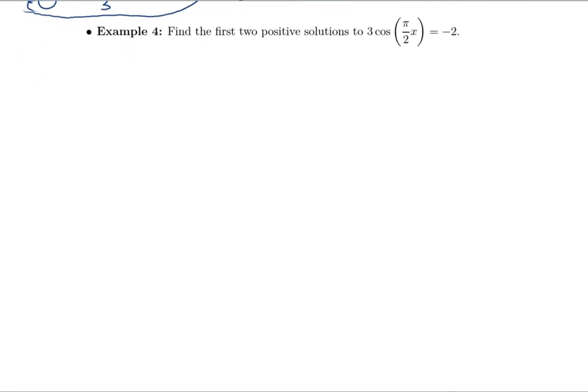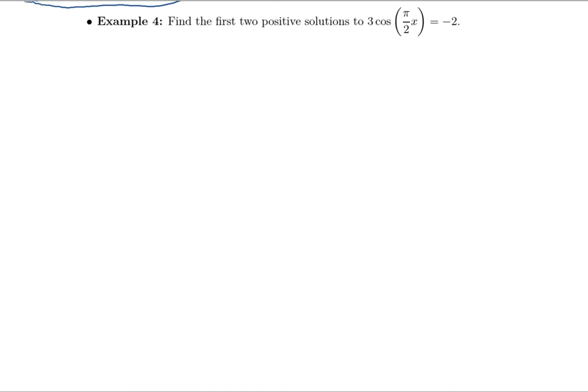All right, so we can now take a look at example number 4. So kind of similar to our last one in that we're starting off with this number that we're multiplying the cosine by.